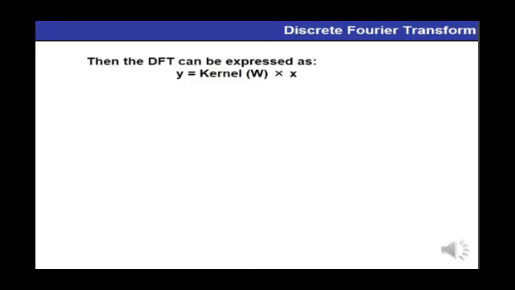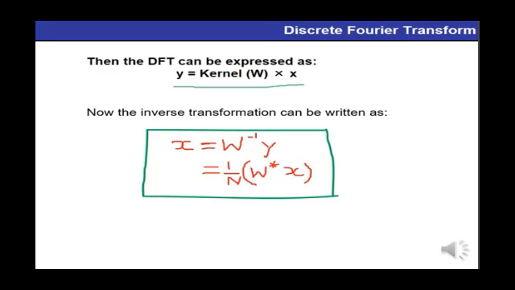Now, how to express this W value in the form of DFT? Let's see. Y is equal to the kernel W into X. We can also represent the inverse transform.